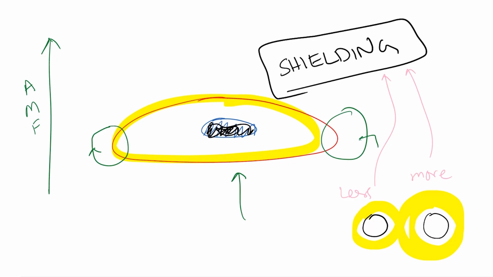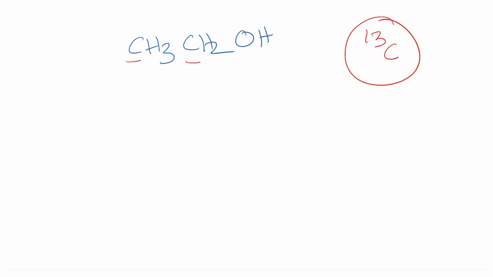Okay. So, now let us just take an example, we will do several examples in this lecture, but let us take one example and look at the molecule CH3CH2OH. Okay. So, now if I look here, I have a carbon here, I have another carbon here, and all I am going to do is measure the C13 NMR spectrum.